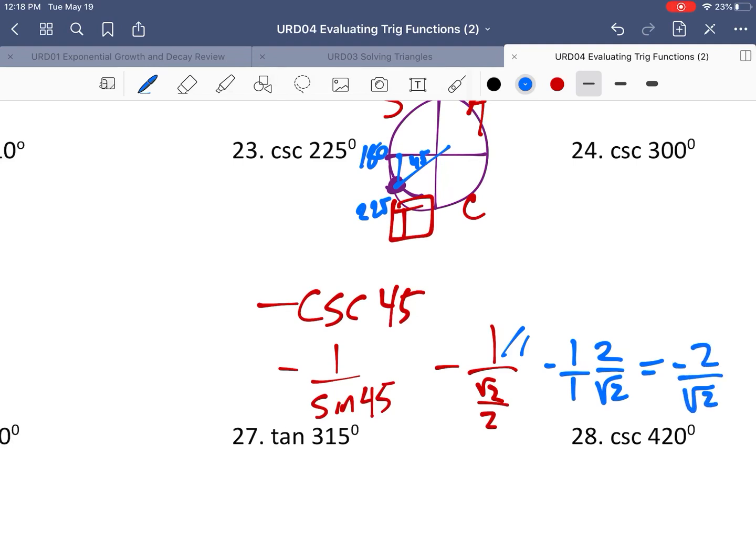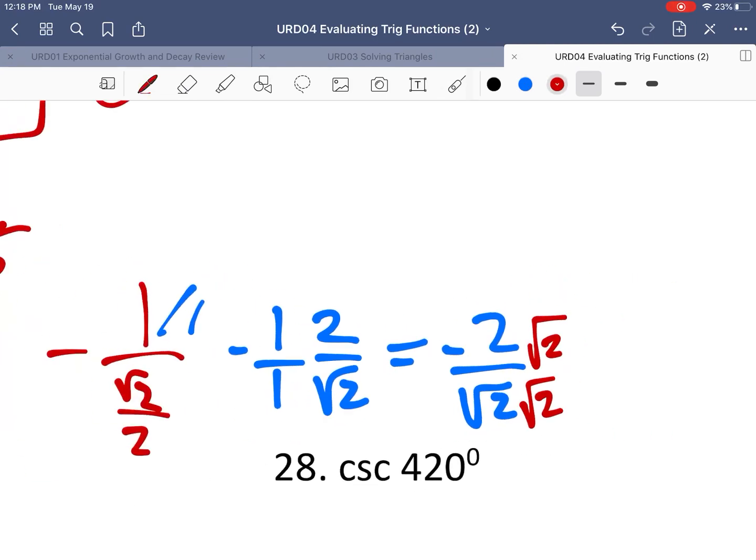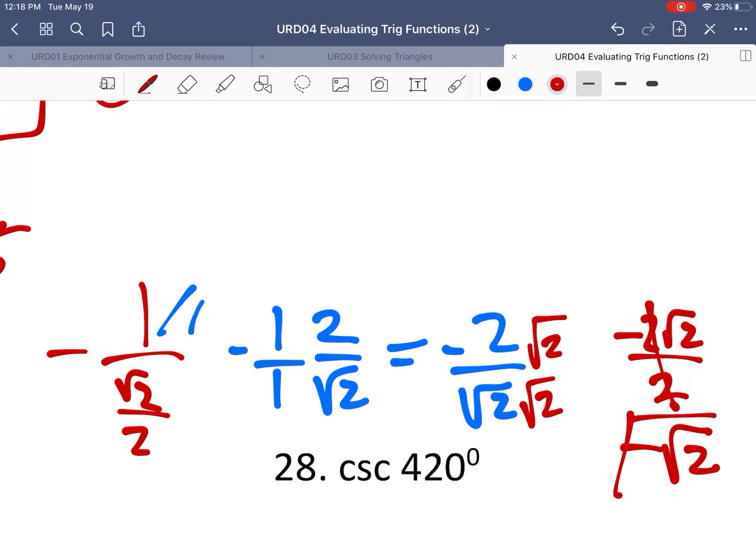So this is going to simplify to be negative 2 over radical 2. Now I need to rationalize the denominator. So I'm going to multiply by radical 2 and radical 2. And I'm going to get negative 2 radical 2 over 2. The 2's will cancel out, and I'm going to get negative radical 2 as my final answer.